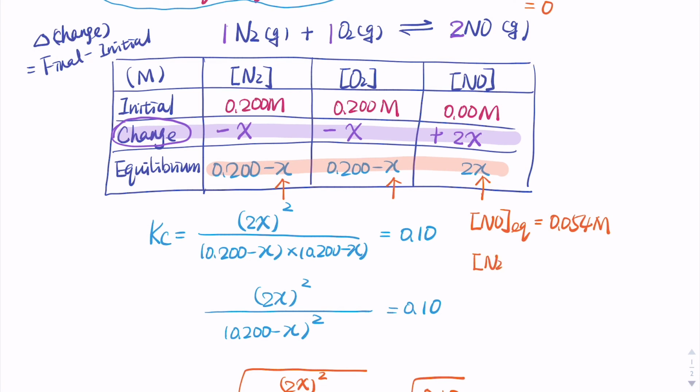The other two reactants have the same concentration: 0.2 minus 0.027, which is 0.173. The concentration of O2 is also 0.173. This is the answer for this question.